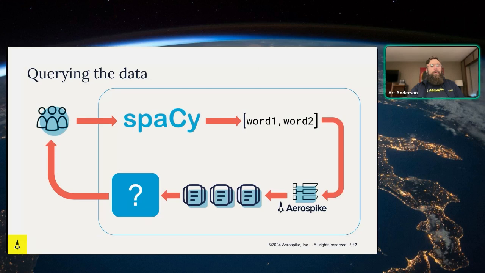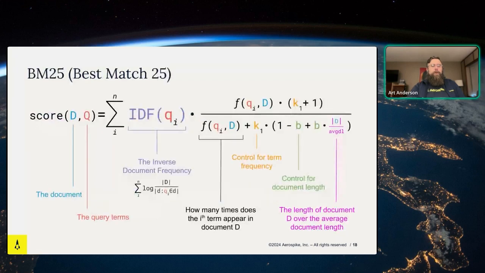So when we get those results, we need to actually do something to identify the ranking of the best, or most relevant, results within that keyword search. That's where we turn to BM25, or Best Match 25. There's a whole lot going on here, but effectively it looks at each of our documents and the query terms, and pulls our inverse document frequency.